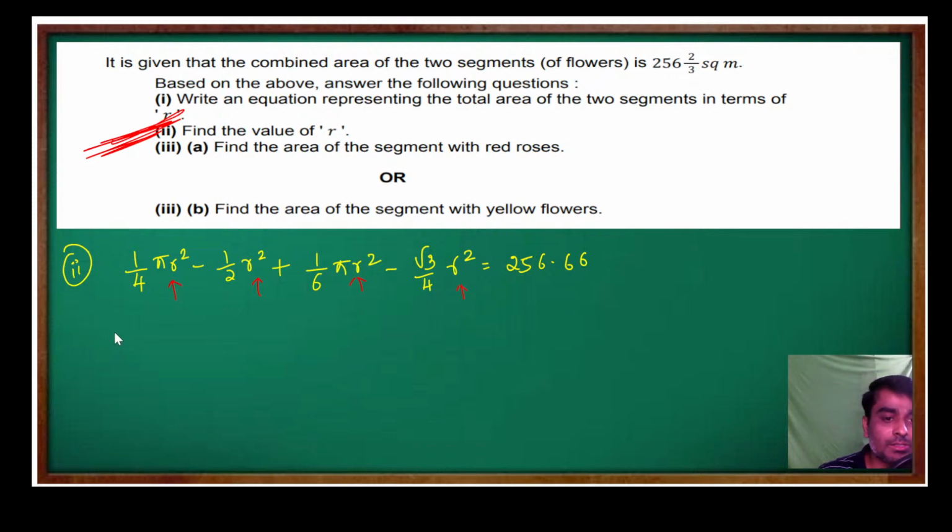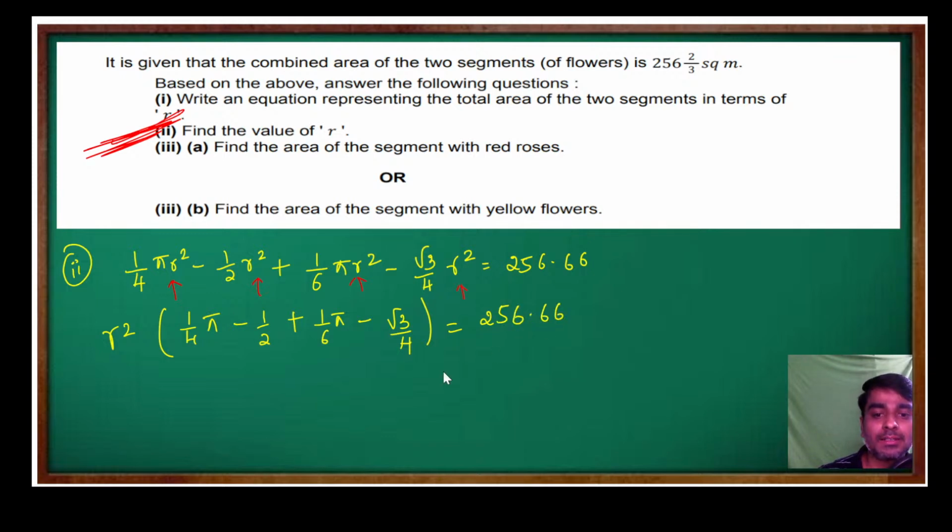We'll take r square common. If I take r square common, then I have 1 by 4 pi minus half plus 1 by 6 pi minus root 3 by 4 equal to 256.66.